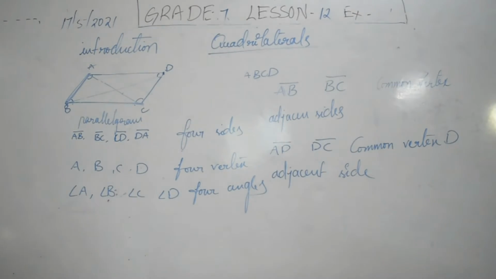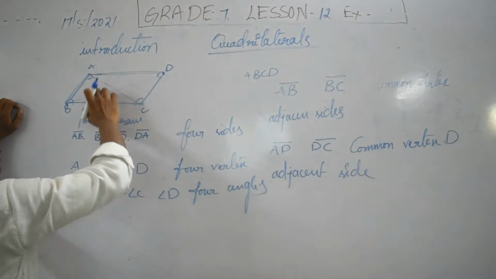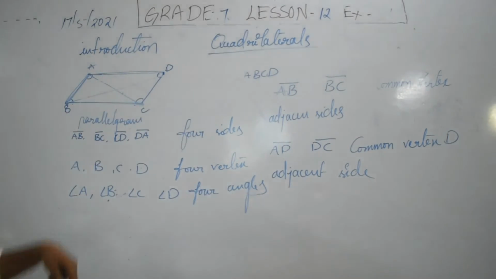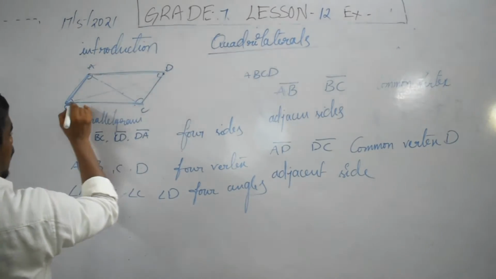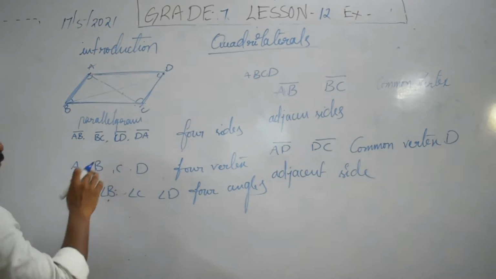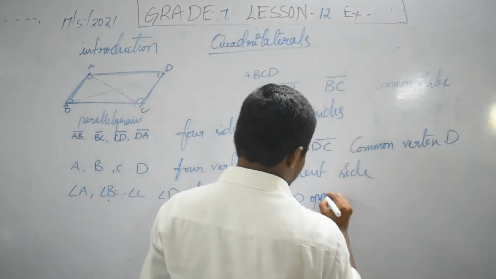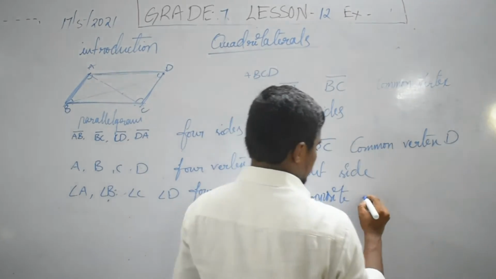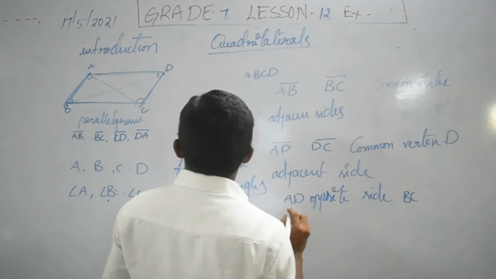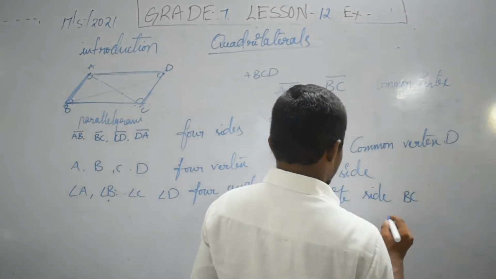We know opposite sides: AD and this one, there is no common vertex, so those sides are opposite sides. Here AD and BC, next DC and AB, these both are opposite sides. AD opposite side BC. Next DC opposite side AB.